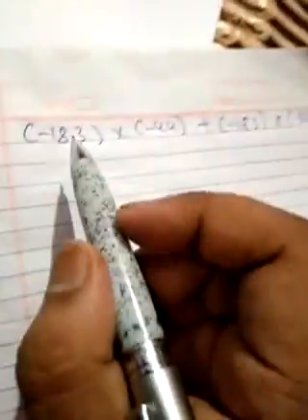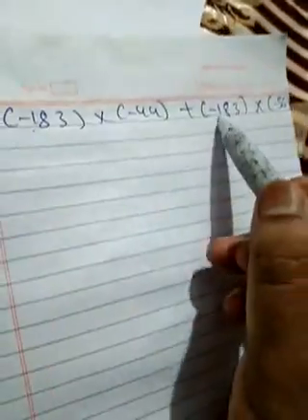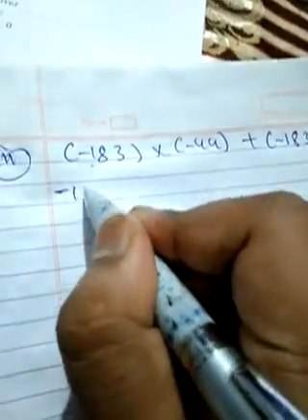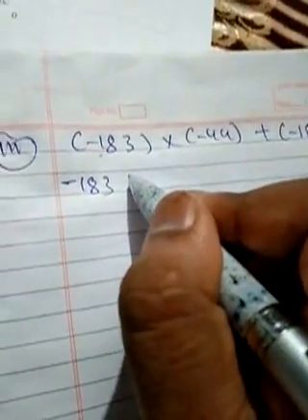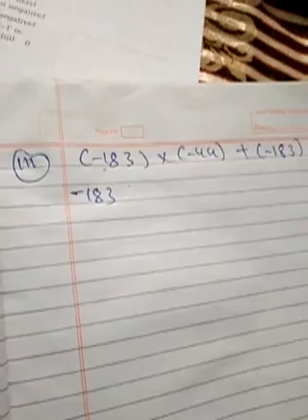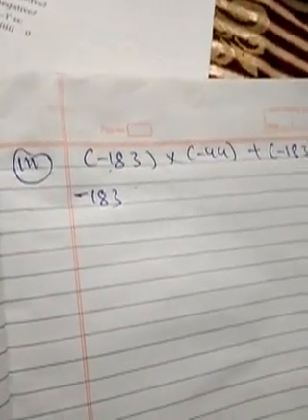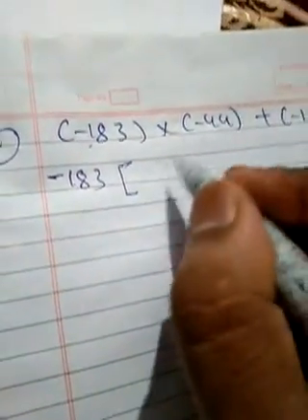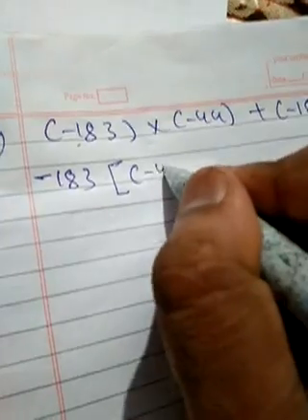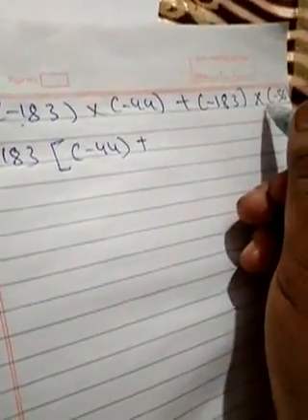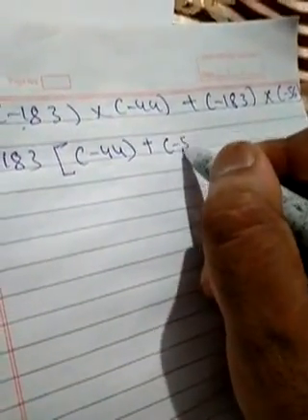Now, we can see minus 183 is common in both the terms. So, we will take out minus 183 as common. In the bracket we will get minus 44 plus minus 56.